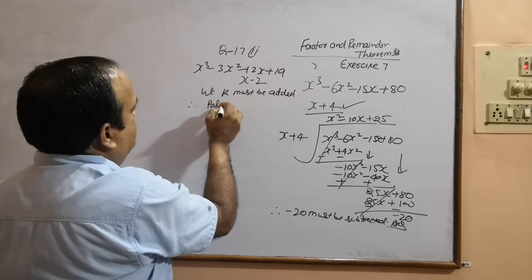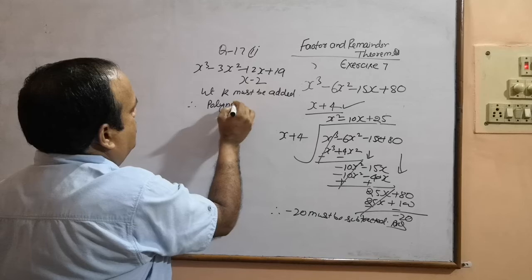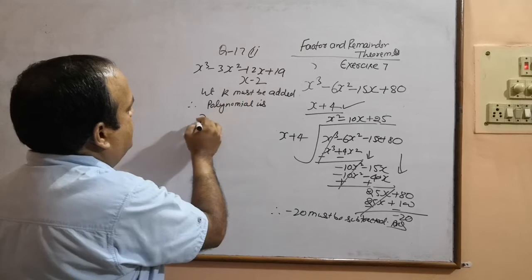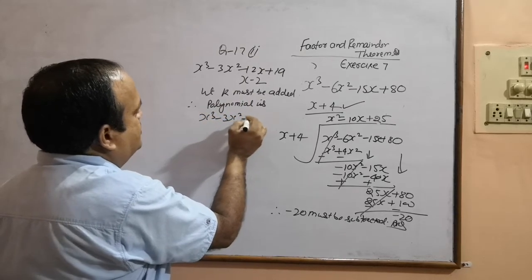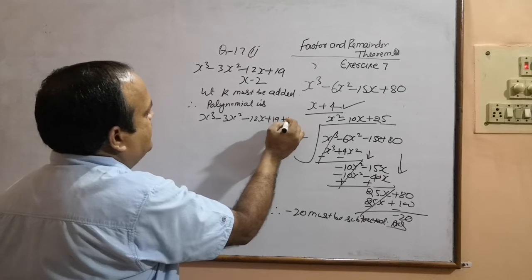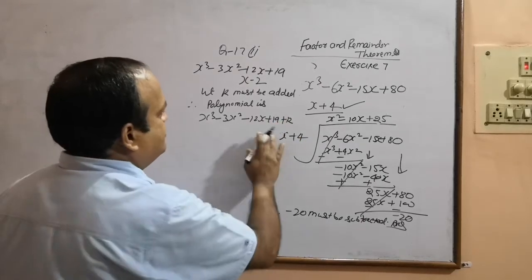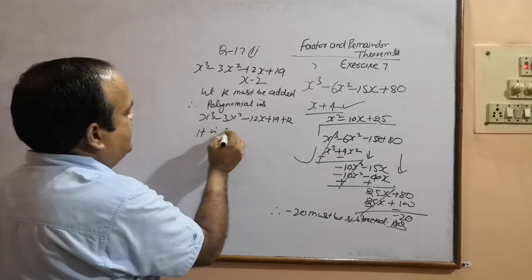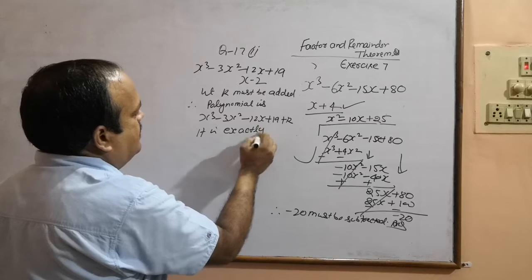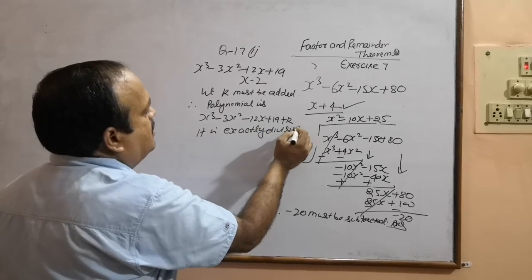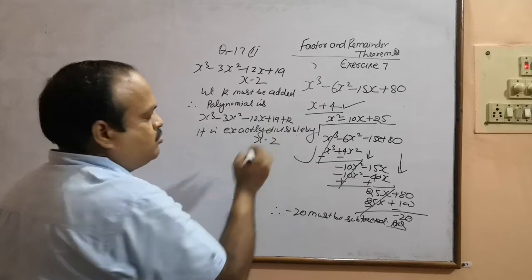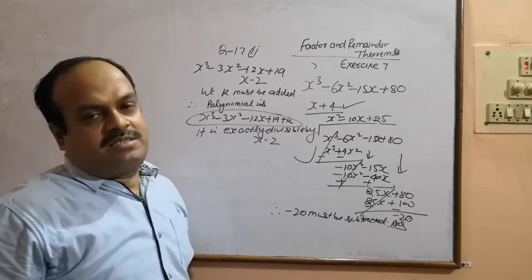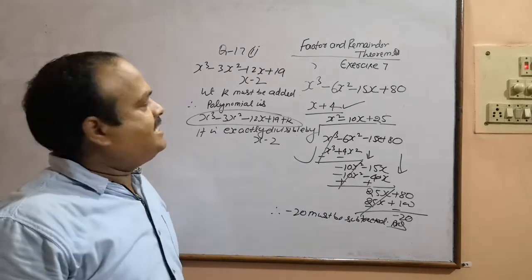Therefore the polynomial is x cube minus 3x square minus 12x plus 19 plus k. It is exactly divisible by x minus 2. I mean x minus 2 is the factor of x cube minus 3x square minus 12x plus 19 plus k.